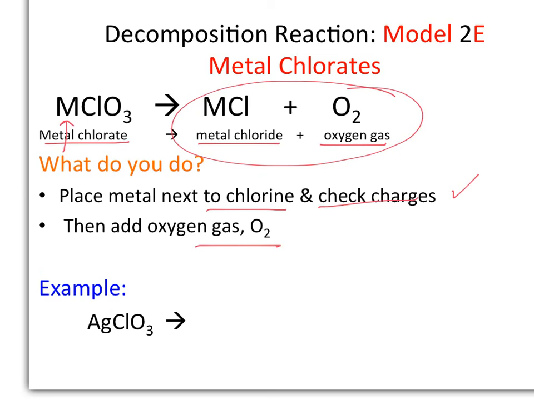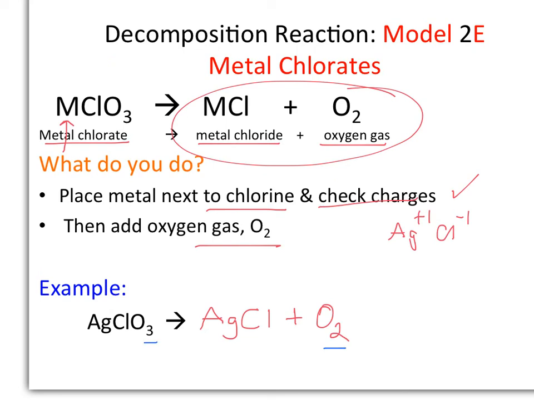We go down to the example. There's my metal chlorate, there's my metal. I'm going to go ahead and put that next to chlorine. Off to the side, I will check my charges. They are fine in a 1-to-1 ratio, and then I will add O2. I do need to balance this chemical equation, and so as I look over to the right, I notice that there are 2 oxygens and 3 oxygens on the left.